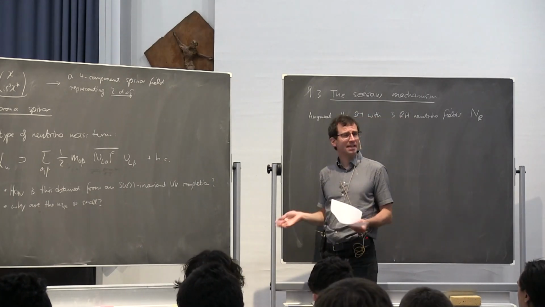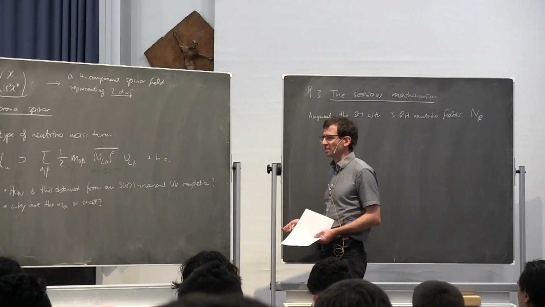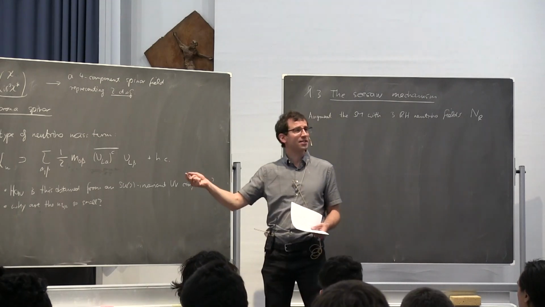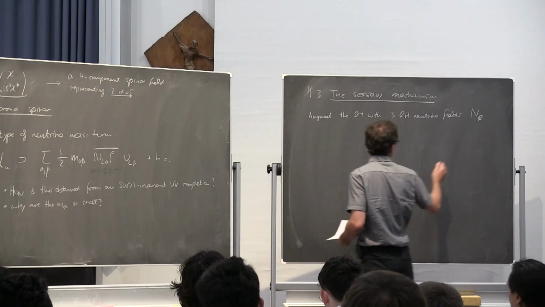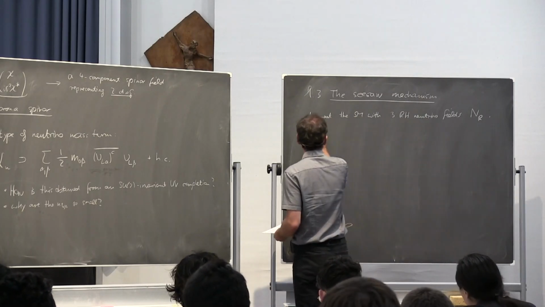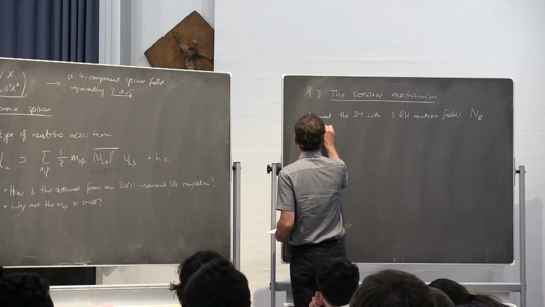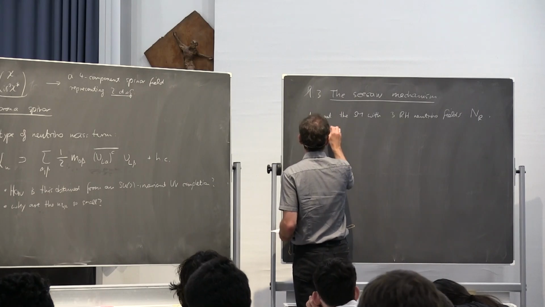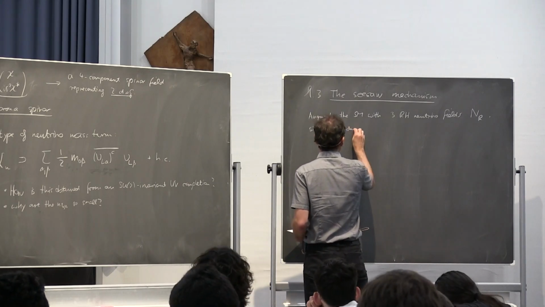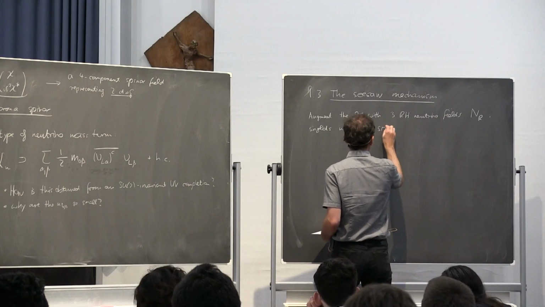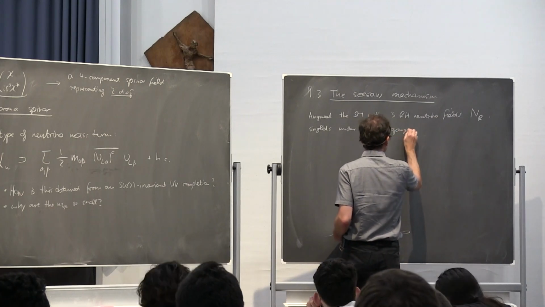And they are supposed to be singlets under all the standard model gauge symmetries, as were in fact the right-handed neutrinos that appeared in the Dirac mass term. So they are singlets under the standard model gauge group.